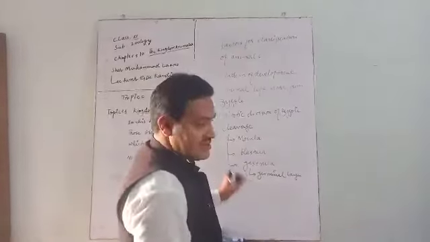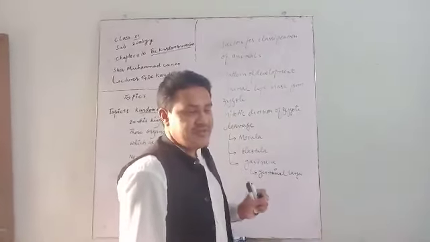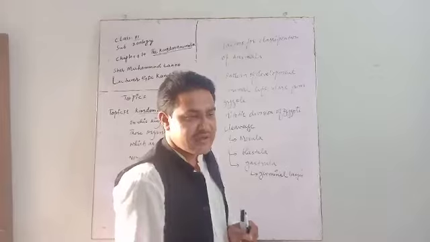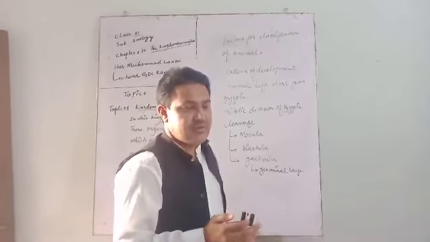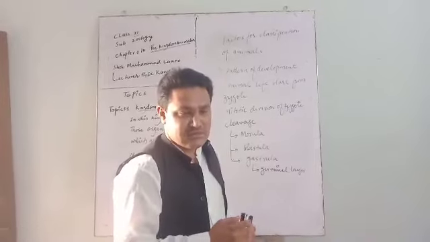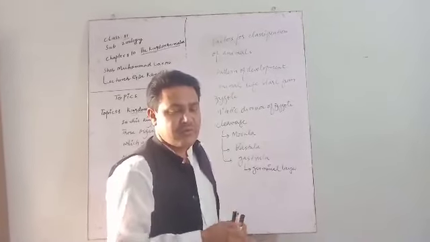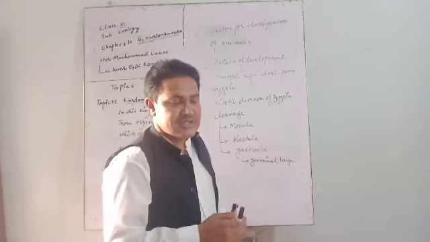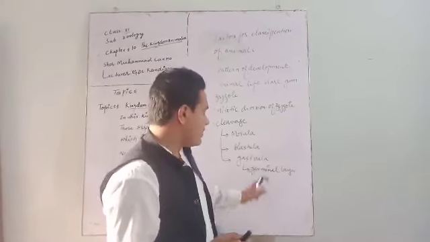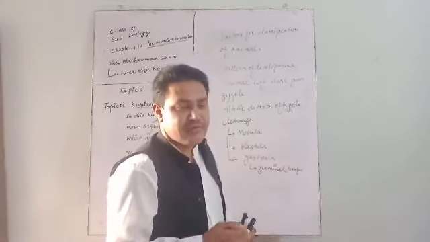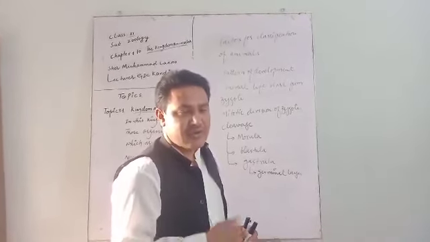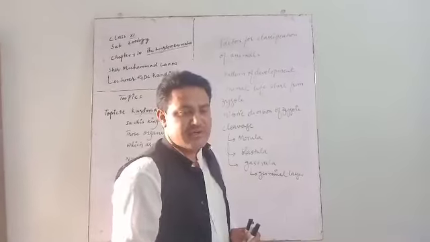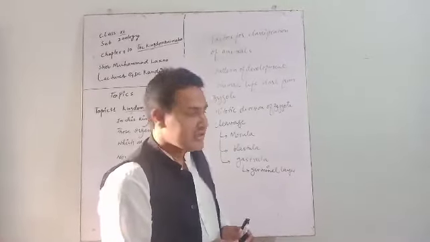From these three germ layers, the body of the animal is formed. Suppose from the ectoderm, our nervous system, spinal cord and brain are formed, and from the mesoderm, the coelom or body cavity is formed. From the endoderm, different vital organs are formed.